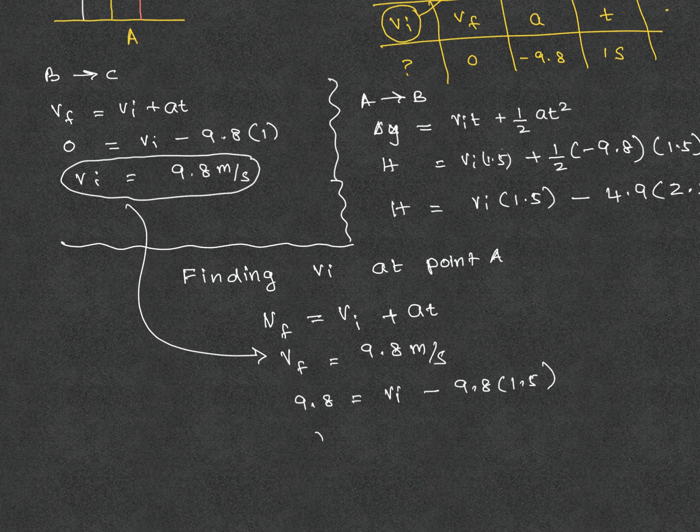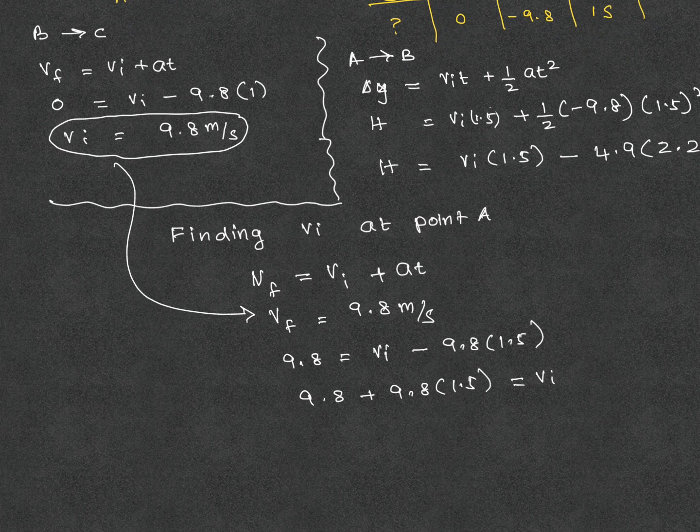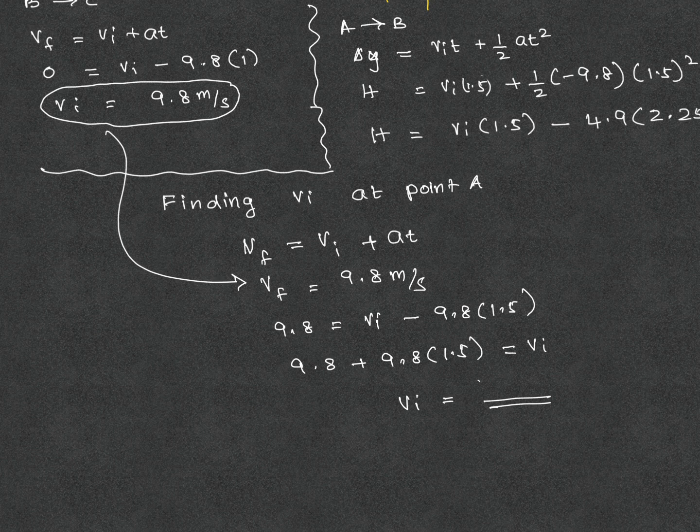So you bring it to the other side, 9.8 plus 9.8 times 1.5, and there you have the initial velocity, and you can take it to the first equation and get the final answer. So there you have 24.5 meters per second.